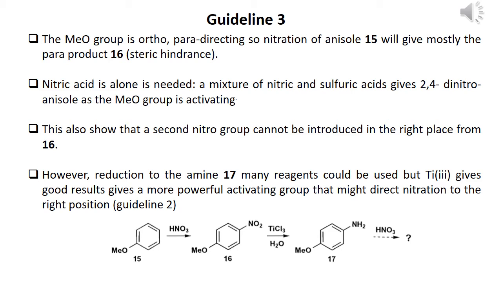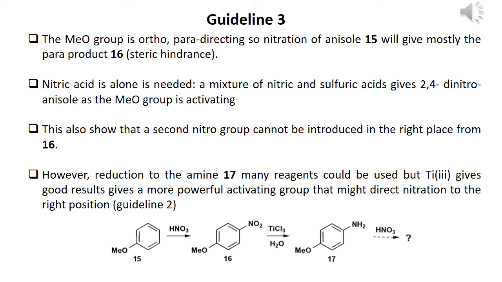Now if we cannot get the nitro group at that position by the nitro group, we can reduce this nitro into amino, which will be an activating group. Then we do the nitration, and we shall get the nitro ortho to amino, and para is already occupied, and then we can get the product.